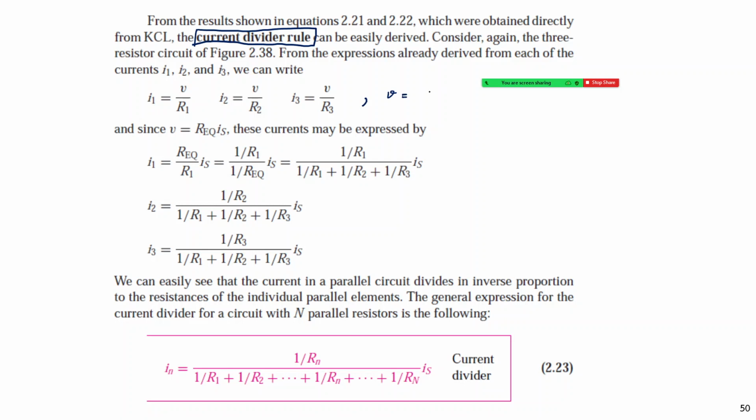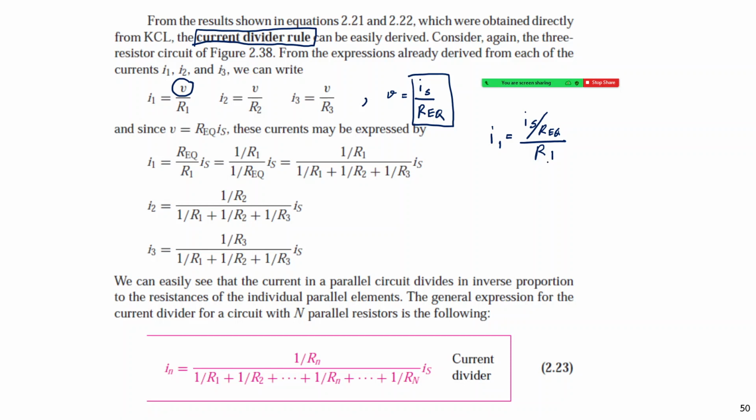V is I source divided by R equivalent. So you substitute V with this value, and we can get I1 is Is by Req divided by R1.